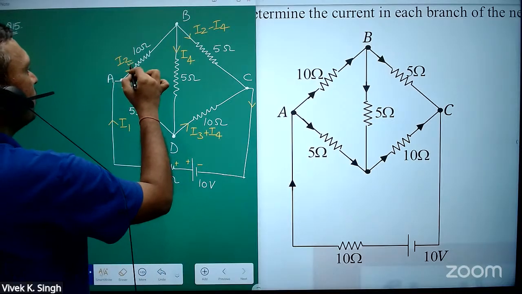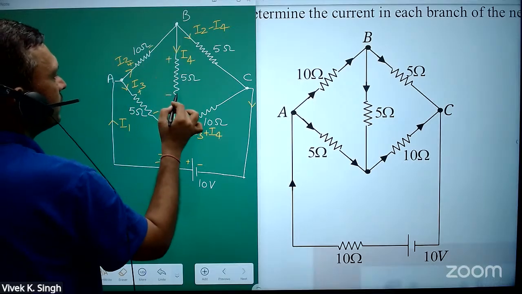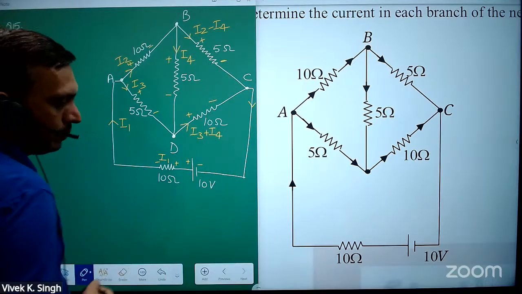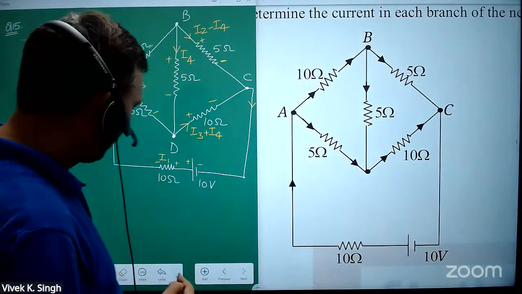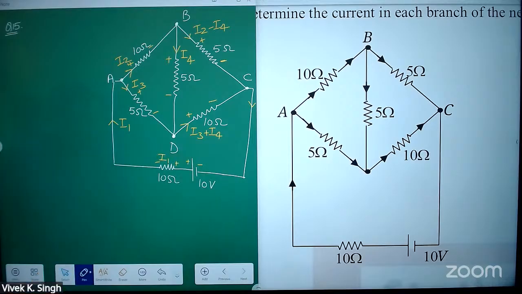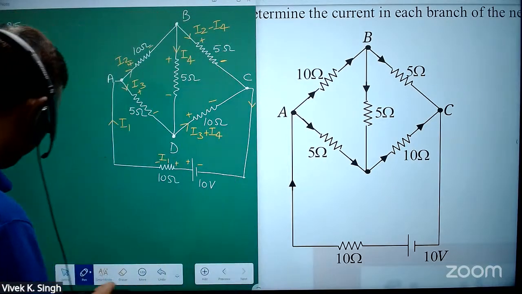I am showing the polarity plus minus, plus minus. So again, by applying KVL, we can find these currents. So let's see how we will calculate. Try to solve this question.